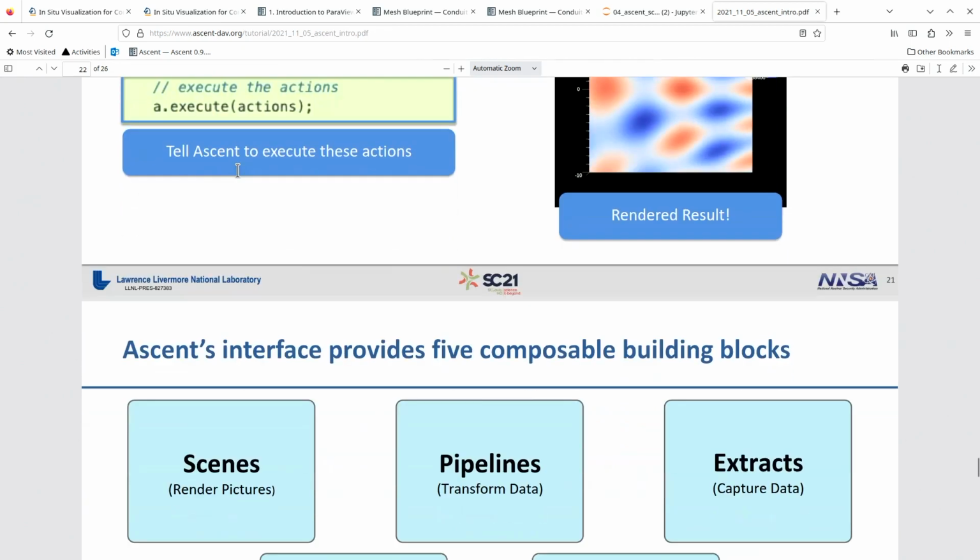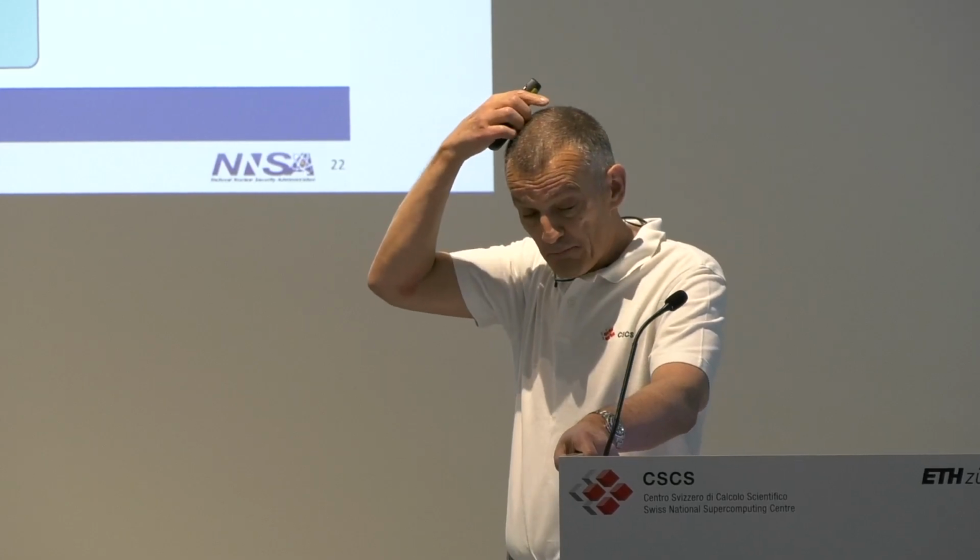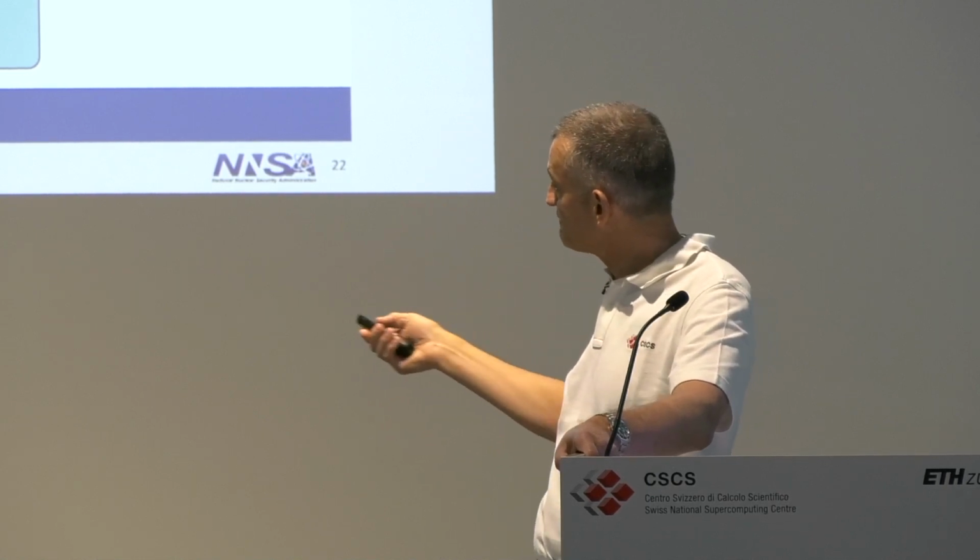And I think this particular slide here is actually the most interesting because it combines together all the features available in Ascent, that is making images, which are the scenes subclass of actions, the pipelines, which transform data or extract features. Extract is actually, in this particular meaning, saving data to an HDF5 file or passing data to a Jupyter notebook.